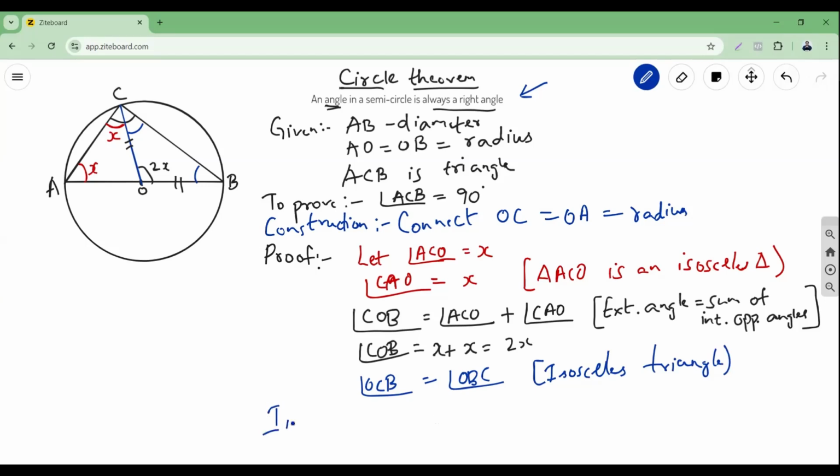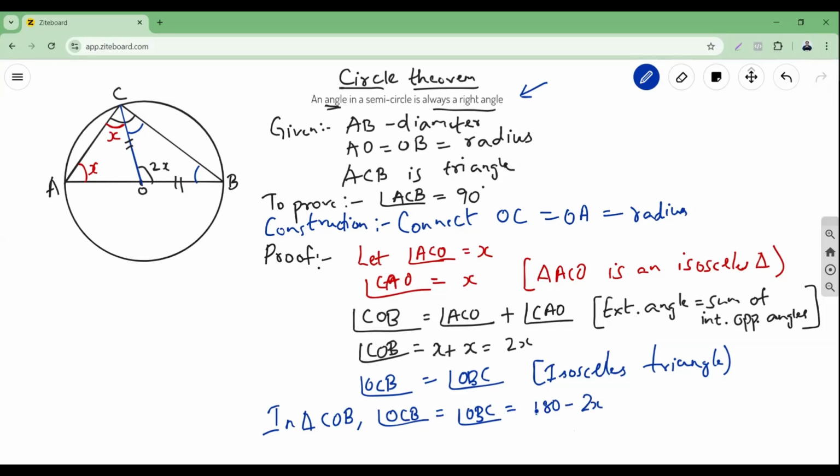So in triangle COB, I know the sum of all three angles is going to be 180 degrees. So angle OCB, which is equal to angle OBC, will be equal to 180 degrees minus 2x.